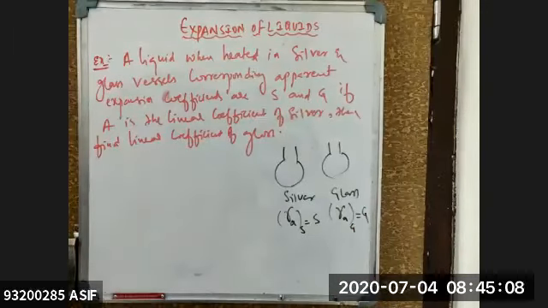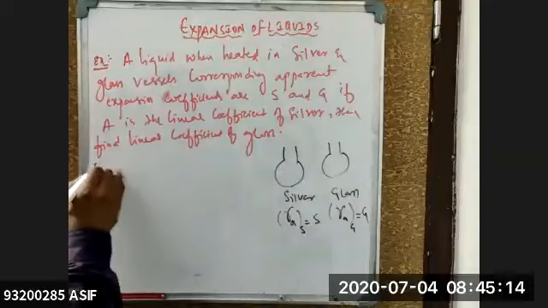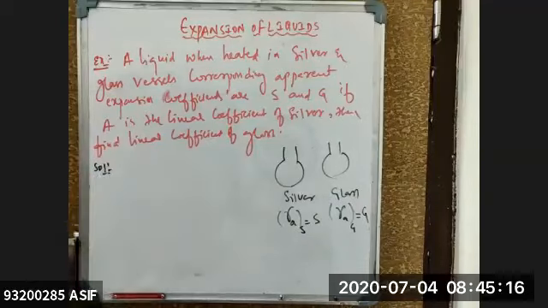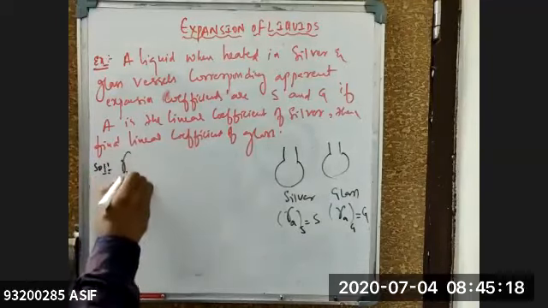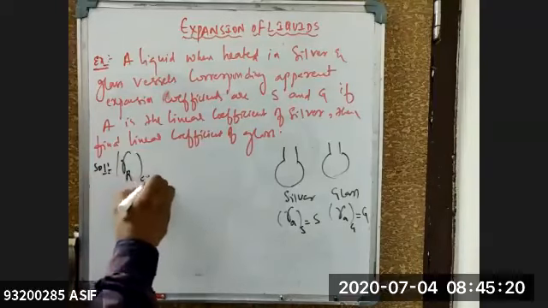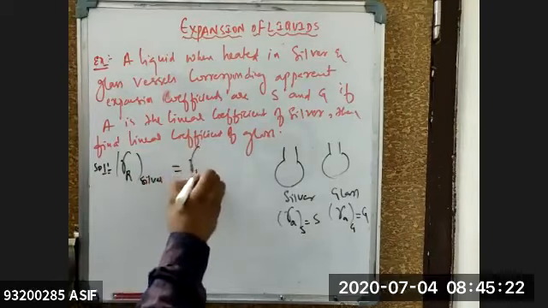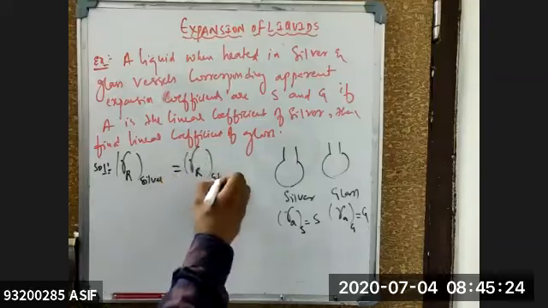Then find the linear coefficient of glass. Can anyone try it? You see, both of them are in different vessels. That means the coefficient of real expansion of silver must be equal to the coefficient of real expansion of glass.